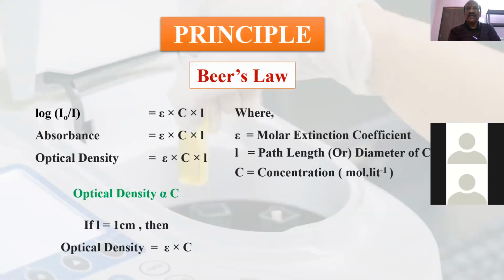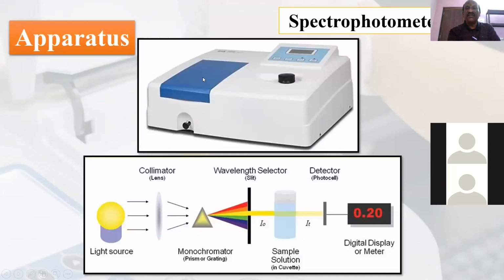Here you see we will take different cuvettes. That cuvette we will put in this slot. Here the slot is there. In this we will put it, and we will observe. We will get the OD value. And the second solution concentration we will take in another cuvette, and put it in the slot, and then we will note down the OD value or absorption. There are two modes: absorption mode and OD, optical density mode.